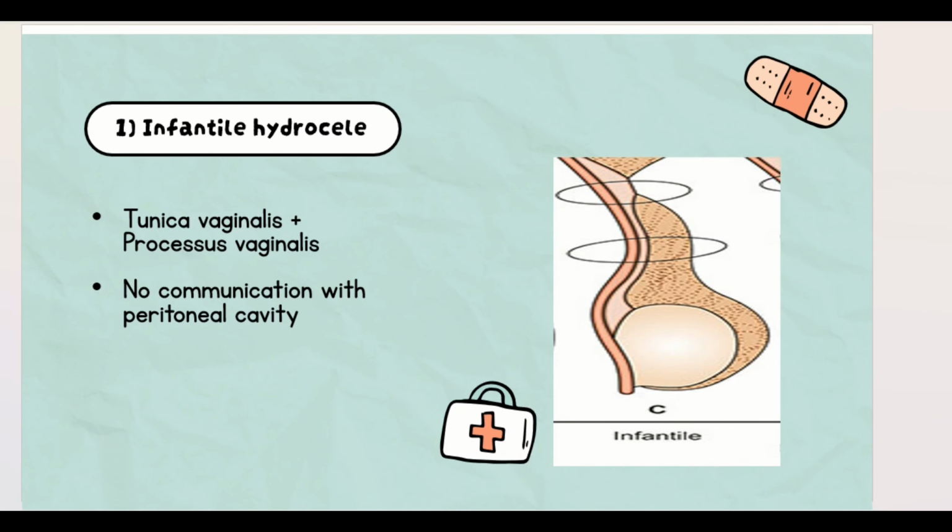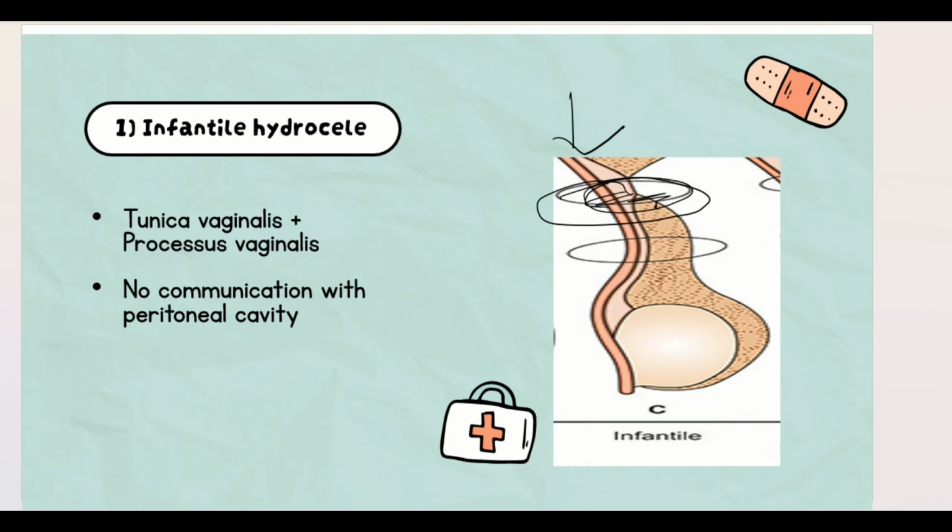Coming to infantile hydrocele. In infantile hydrocele, the tunica and the processus vaginalis both are distended up to the deep inguinal ring. Here, this is the deep inguinal ring, and both processus vaginalis and tunica vaginalis are distended up to the deep inguinal ring, but there is no communication with the peritoneal cavity.